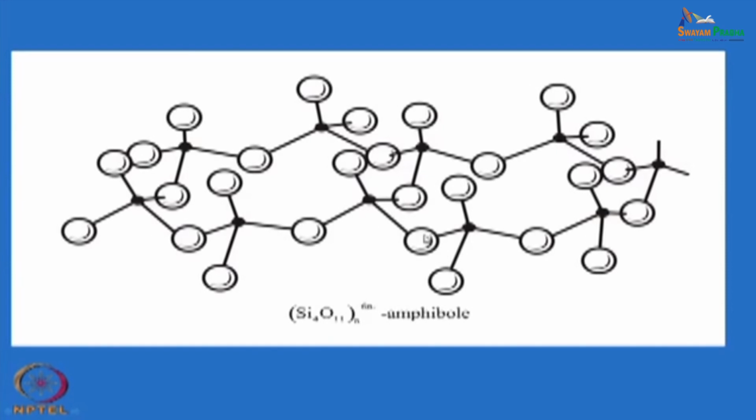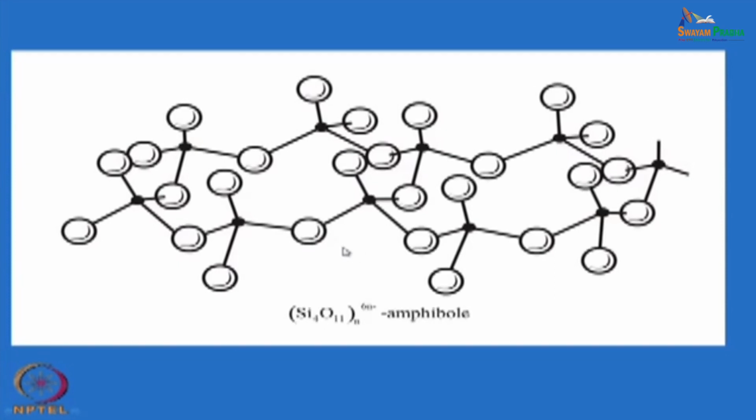Okay. So, in this particular tetrahedron all the 3 are shared, whereas in the next one only 2 are shared because there is no cross linking. So, cross linking is being done at certain intervals, not all of them are cross linked between the chains. So, both 2 bridging oxygens and 3 bridging oxygens are available for the different tetrahedrons.